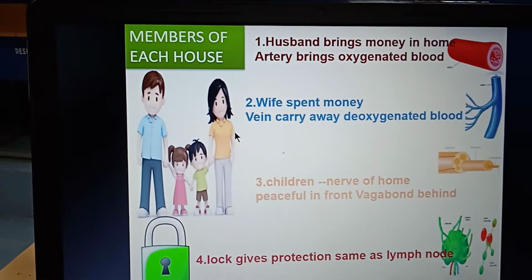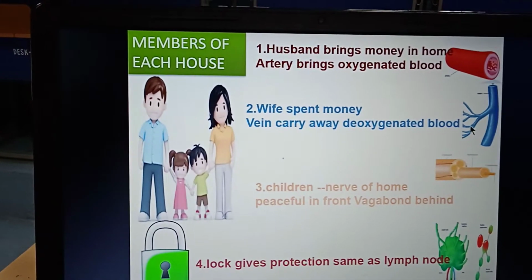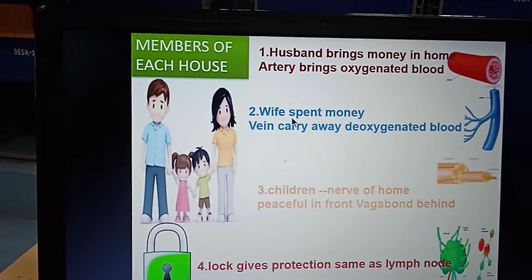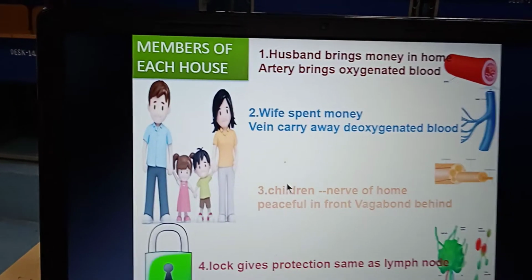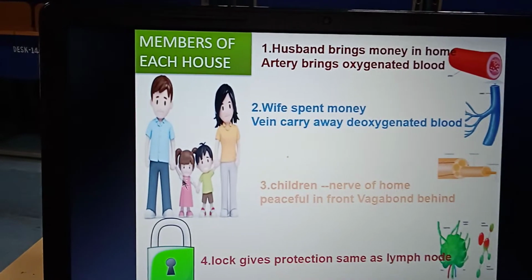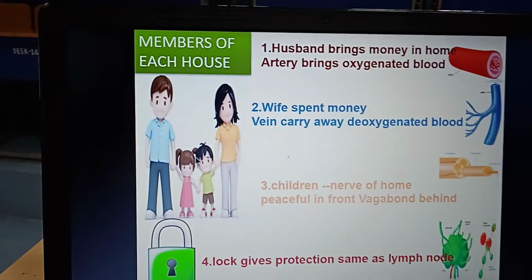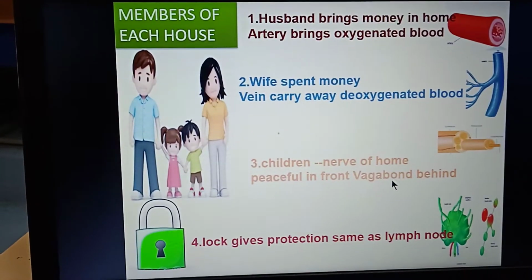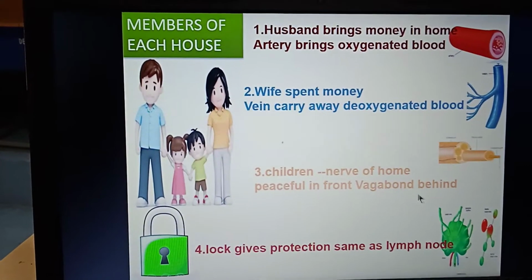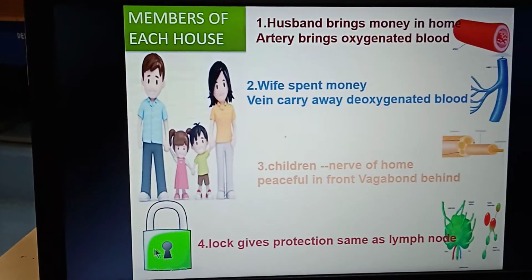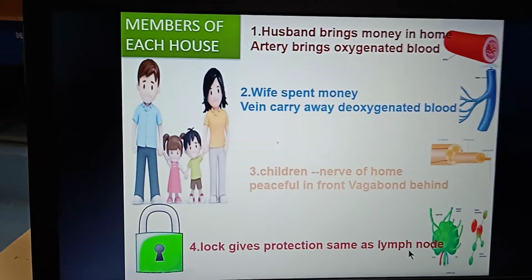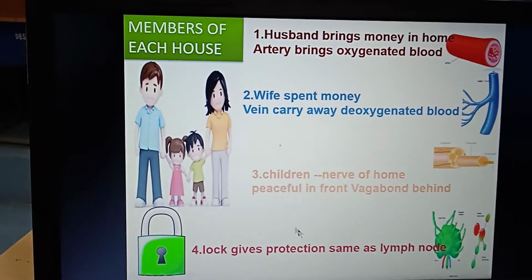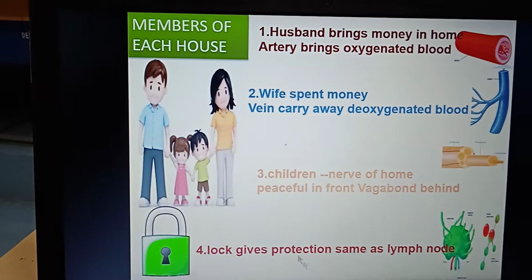Wife is compared with a vein which carries away the blood, same as the wife spends money. The children are the nerves of the home, peaceful in front and vagabond behind. I will decode this later on. And one lock gives protection, same as the lymph node. These are the essential items in each compartment.